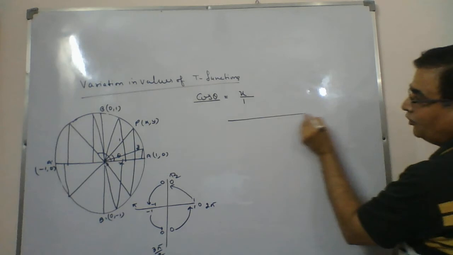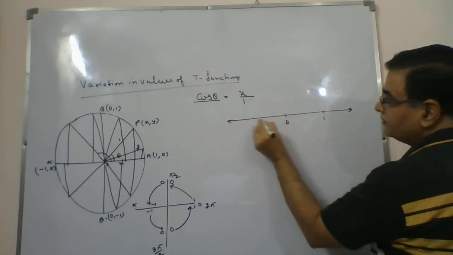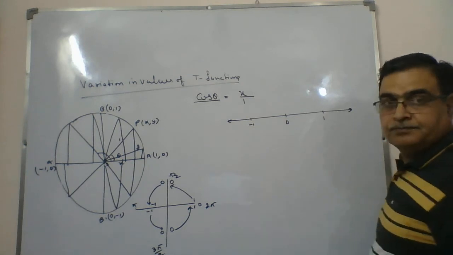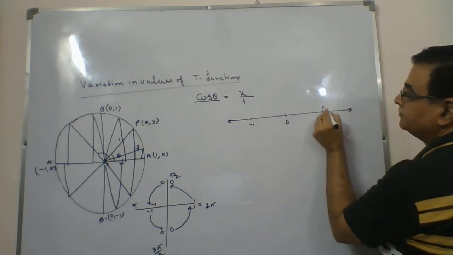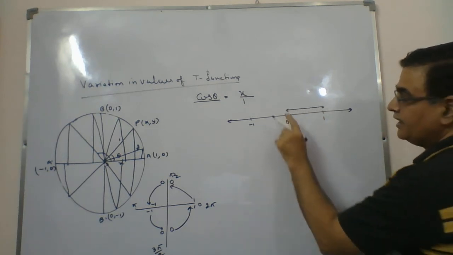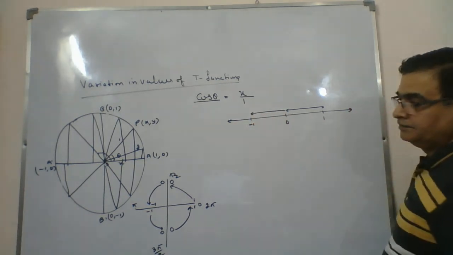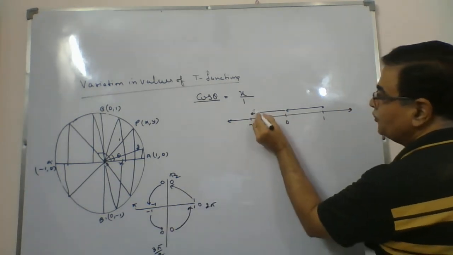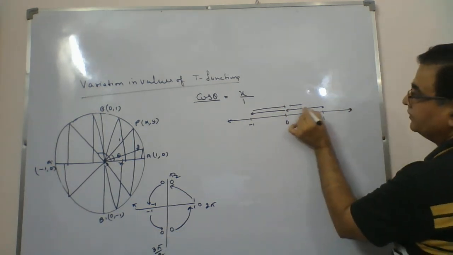So how the variation goes, just check here: this is 0, this is 1, this is minus 1. The value starts from 1, goes to 0, then 0 to minus 1, then minus 1 back to 0, and then 0 to 1.